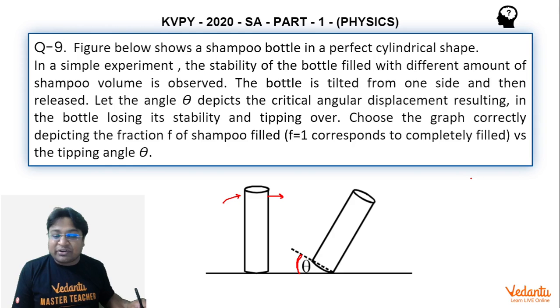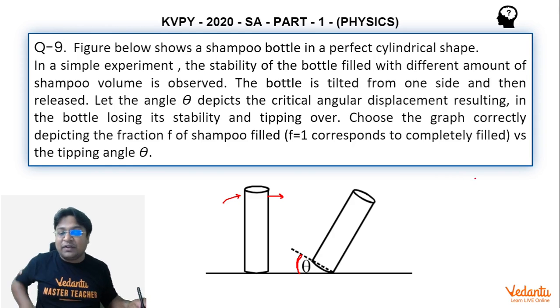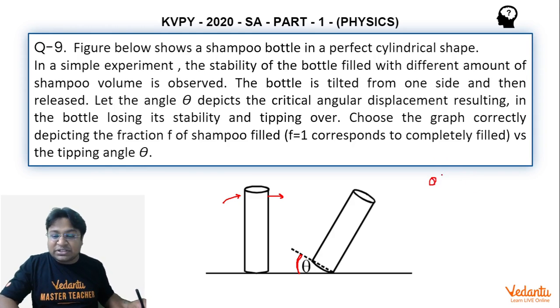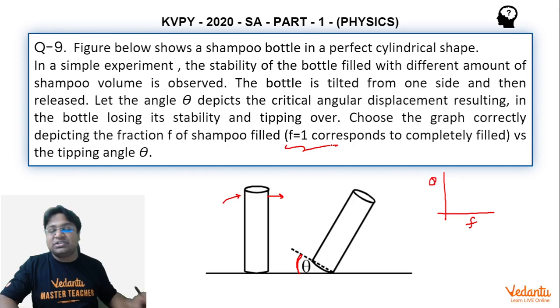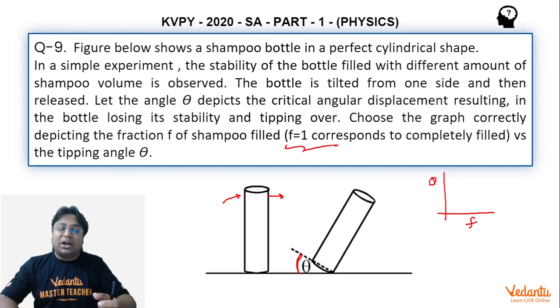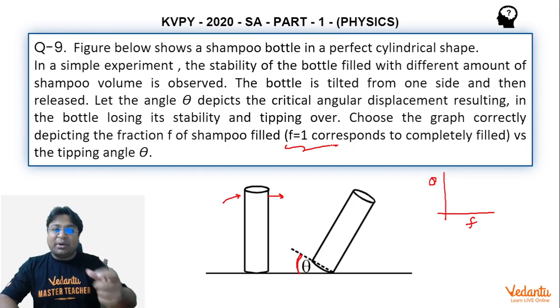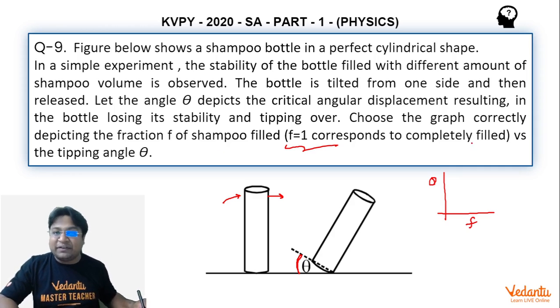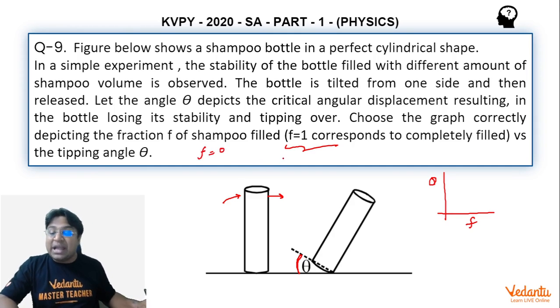And we are trying to plot a graph of theta versus the fraction f, where f indicates the amount of liquid or the amount of shampoo present in the bottle. F equal to 1 corresponds to a completely filled bottle. So f equal to 0 will correspond to a completely empty bottle.